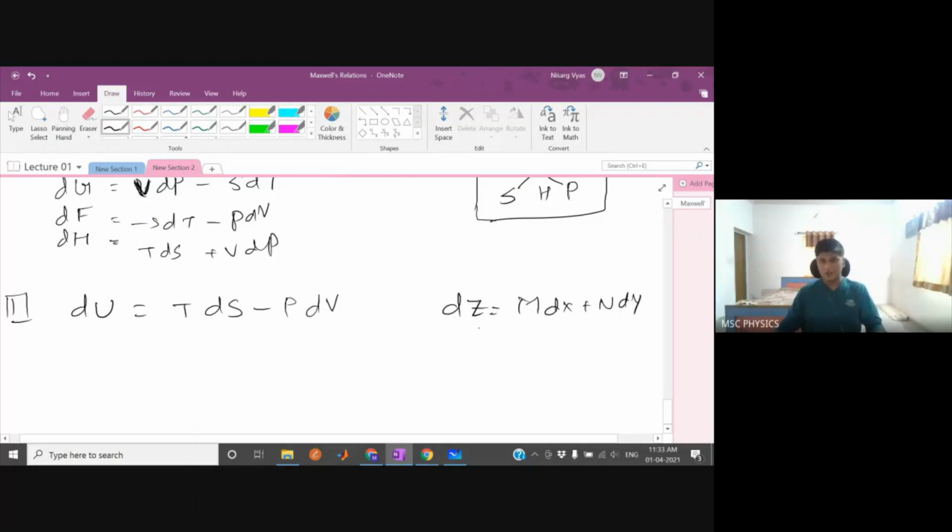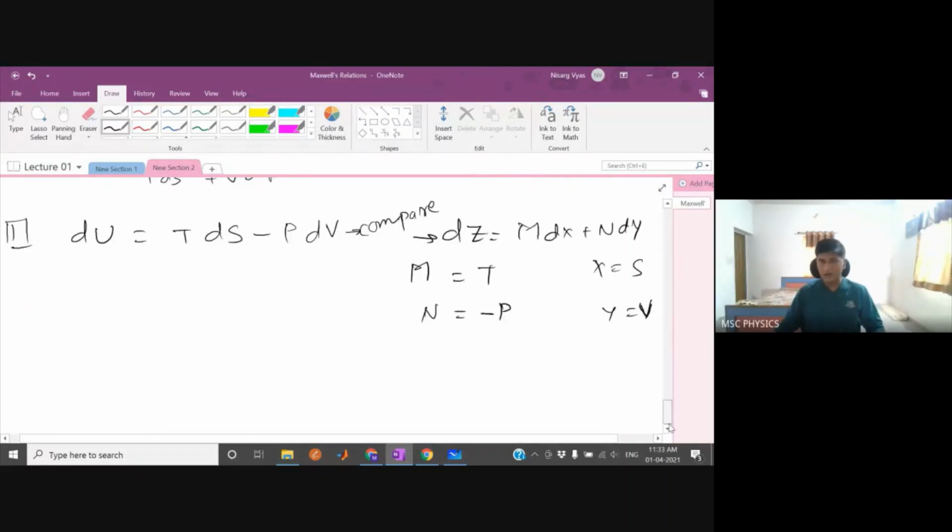You can compare both of these, and you have M equal to T and N equal to minus P, and you have x equal to S and y equal to V. I am supposing that this is all a clear picture to you. Now we had del M by del y at constant x equal to del N by del x at constant y. This is what we proved there.